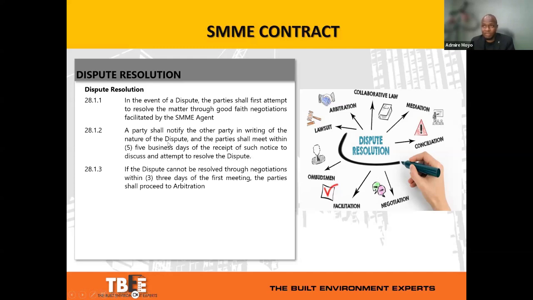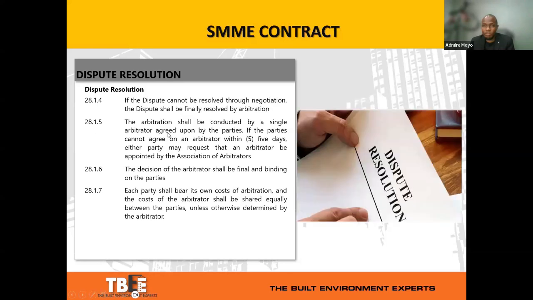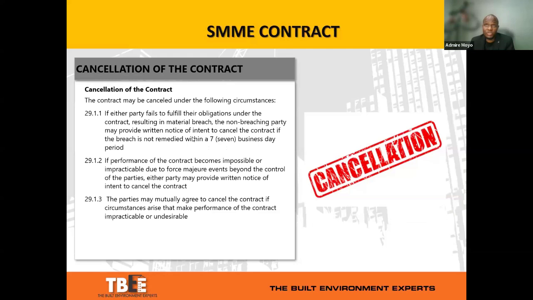But if that fails, then those good faith negotiations will be declared as having collapsed, and then the matter will be resolved through either further negotiations and then finally referred to arbitration. But again, it's something that the parties can alter as well. They can change it to conciliation or adjudication, should they so wish.